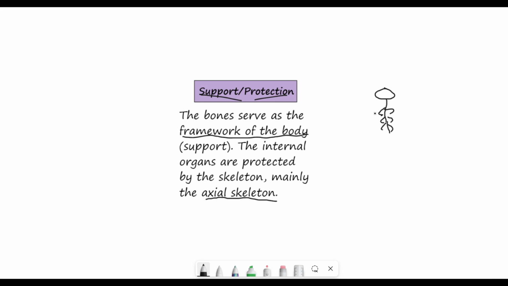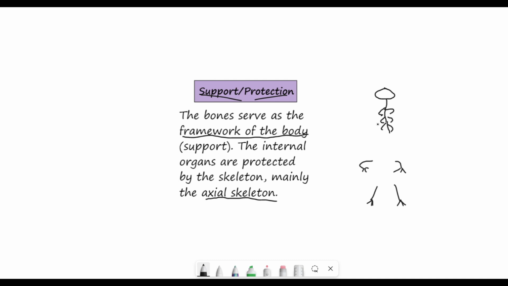The other half is going to be your appendicular skeleton, and that's going to be your arms and your legs. Your appendicular skeleton is going to be more for movement and locomotion, while the axial skeleton, like I said, is mainly going to be for protection.